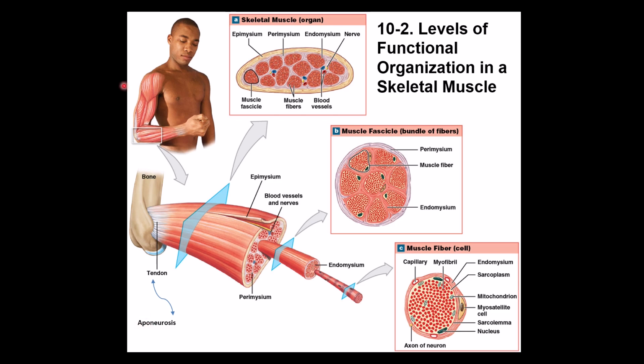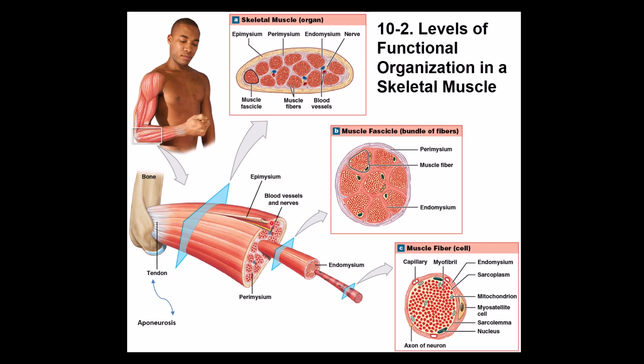This is the basic organization of the skeletal muscle. So if this is a skeletal muscle, or any of these are skeletal muscles, it is covered by a type of connective tissue, and that is called epimysium.